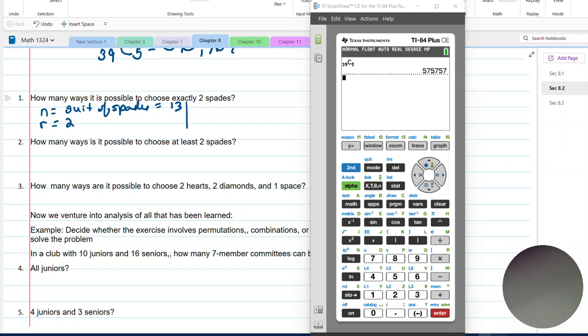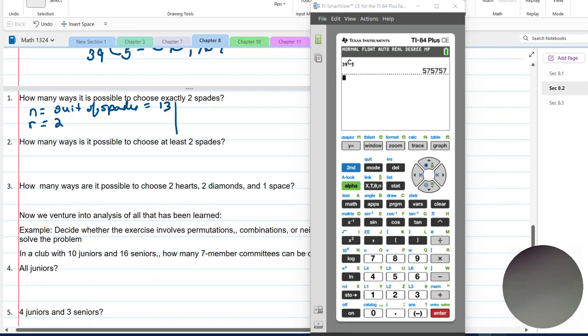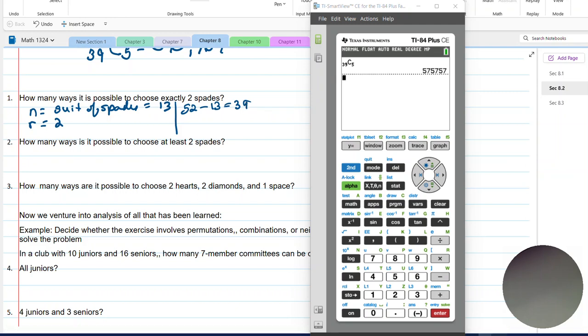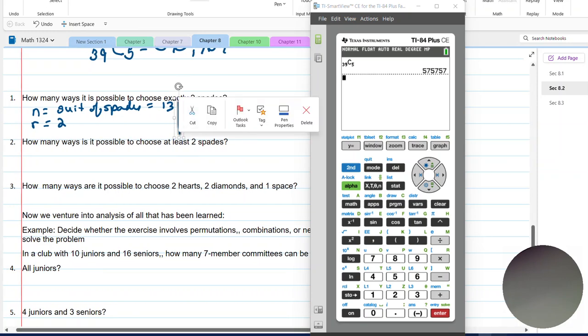And then we're going to need everything else involved. So that's 2 cards, and we need 3 more, right? So that would be the rest of the cards. That 39, and if they're doing 2 spades, then r is 3, because we need 5 cards drawn.